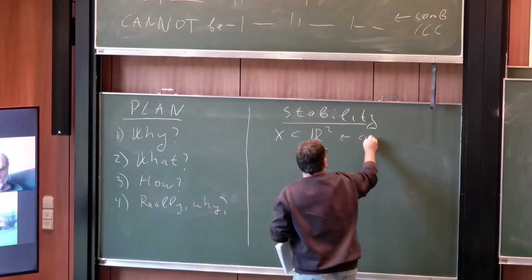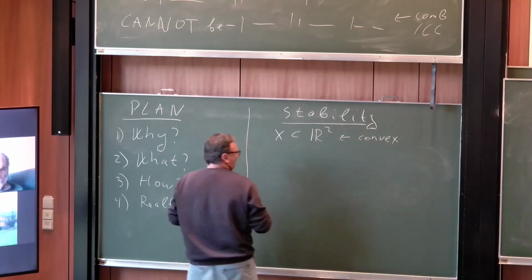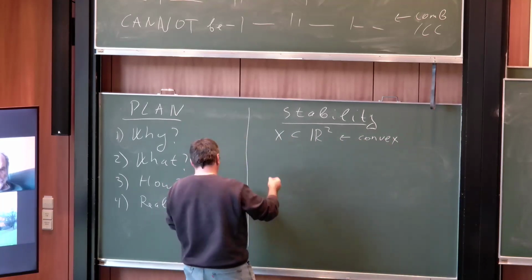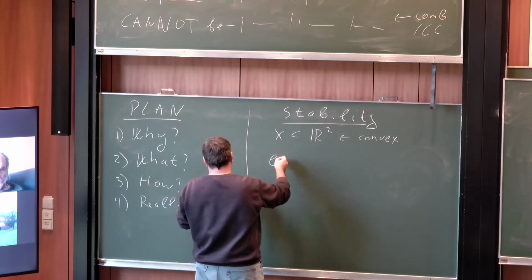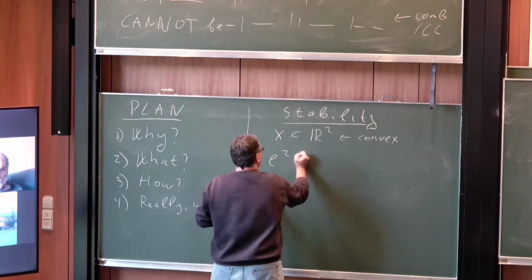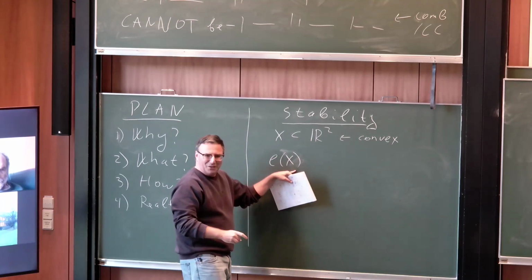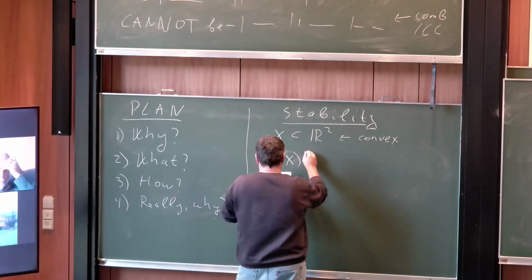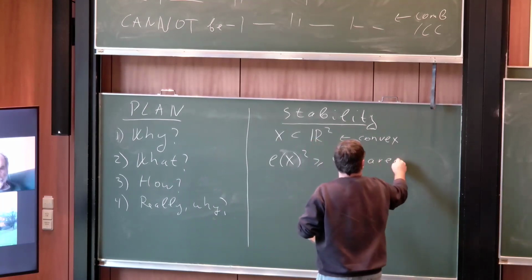Let's say you have a convex body. If you like, this can be a polygon, but you don't have to. And so we have a really interesting inequality: L of x, the perimeter of the body, squared is greater or equal to 4 pi times the area.